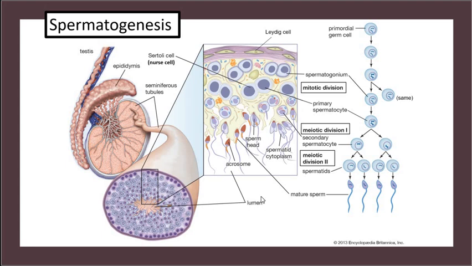Anytime you have a space in the middle of a tube, it's called a lumen. Okay, so they're starting out way over on the edge of the seminiferous tubules, and as they develop, they get pushed further and further towards the lumen, towards the center.